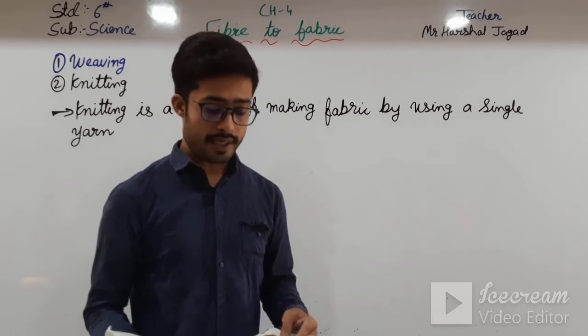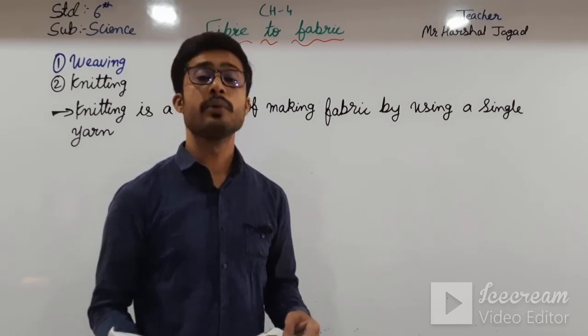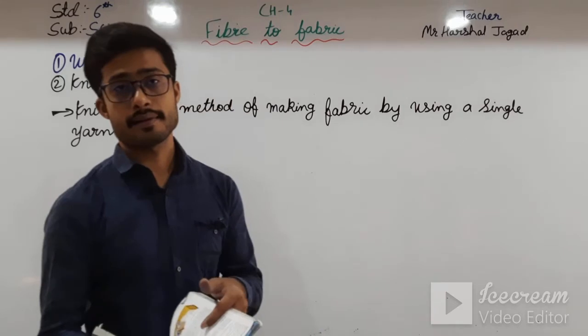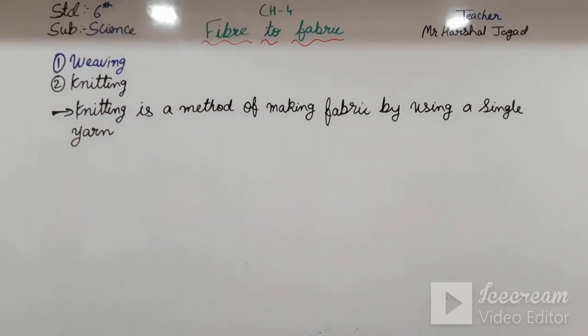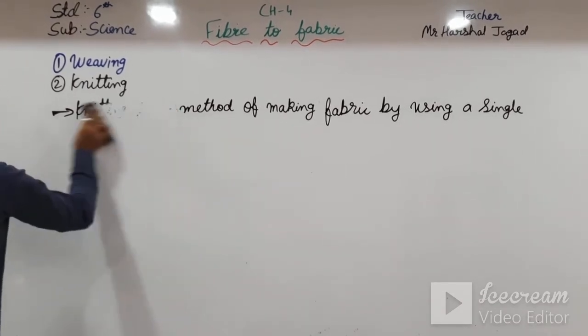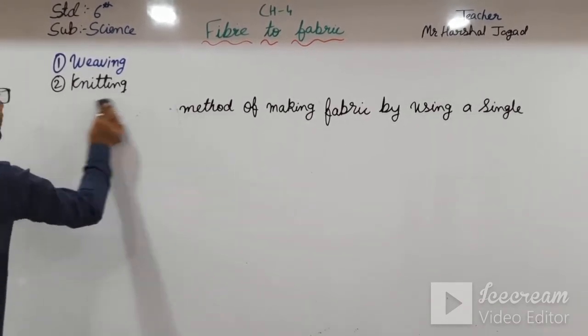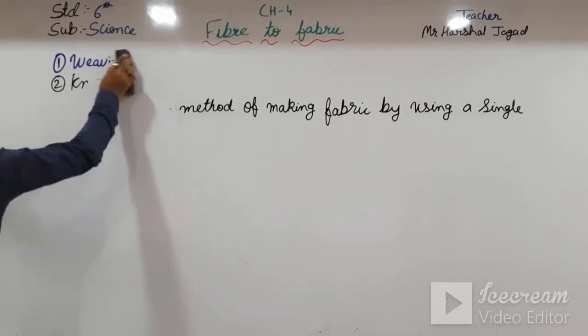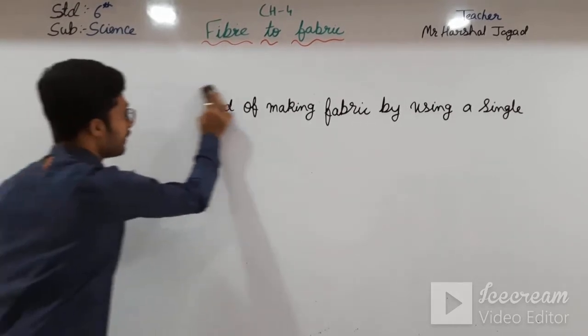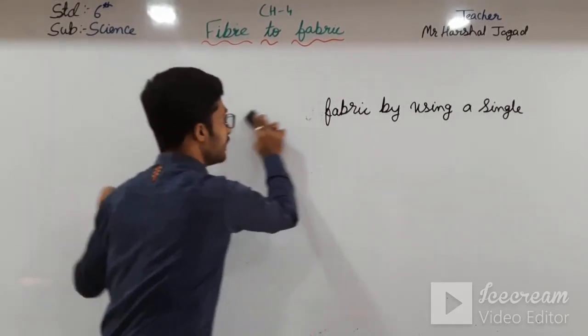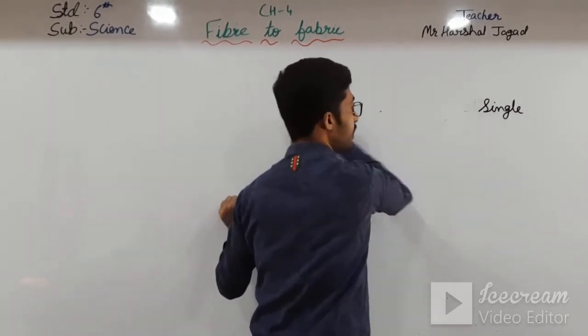So next is natural and synthetic fibers. We can broadly categorize fibers into two types. So let us see about the fibers. So what is fiber? Fibers can be divided into two parts, natural and synthetic. Let us see that, students.